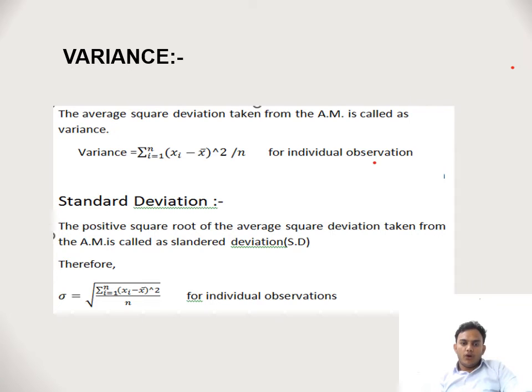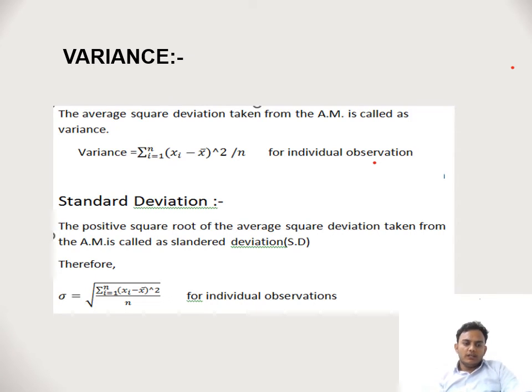And average of what? The mean square deviation from the central value, that is x bar. So xi minus x bar is the deviation, and it is squared, and if we divide by n, we get the variance.